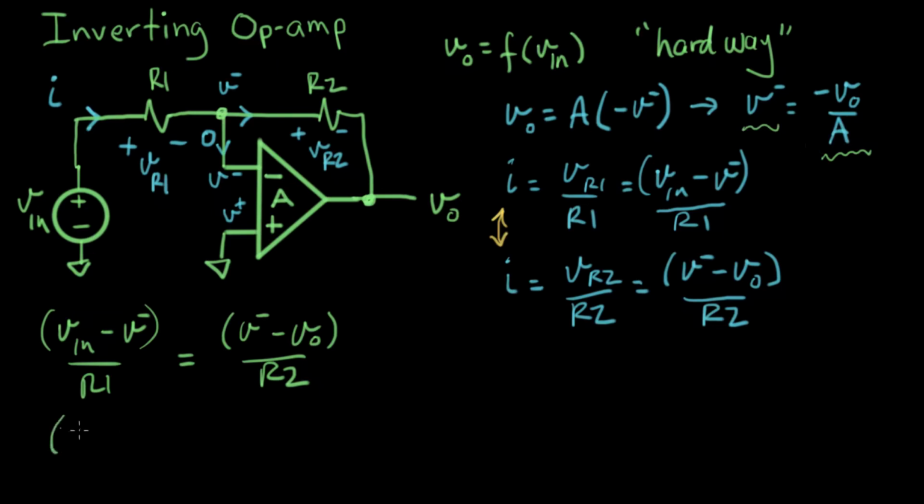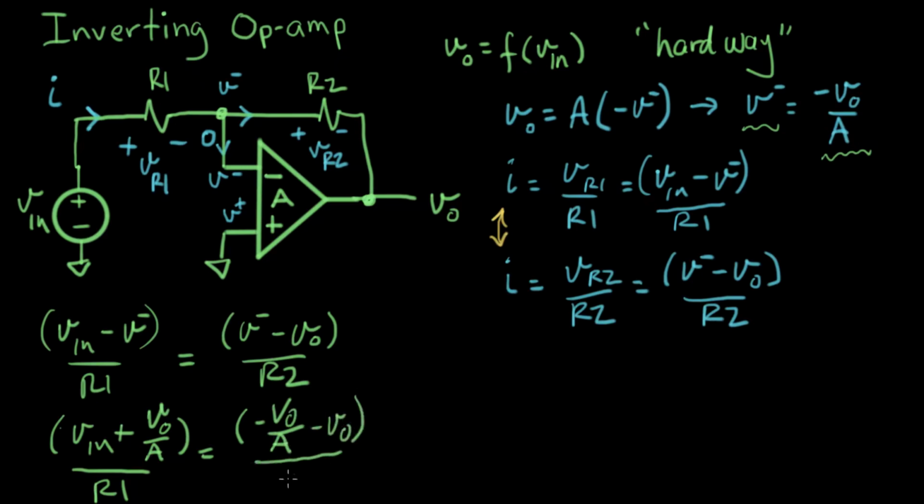It's going to be V in minus minus V out over A. So I get to make this a plus, and this becomes V out over A, all divided by R1, and that equals V minus, which is minus V out over A, minus V out, over R2.